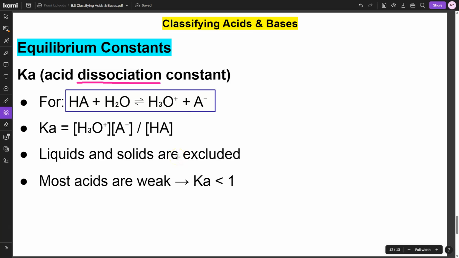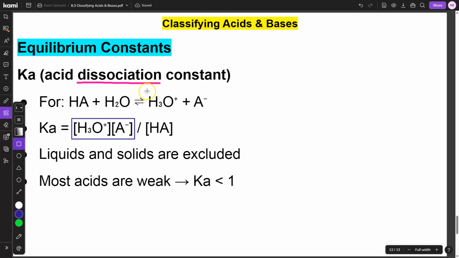You'll end up with H3O+ and A-, which is going to be our conjugate base. So we express Ka as the ratio of the pieces that dissociate. This is essentially the product side of our reaction over the reactant side, and we're just looking at HA. We're not looking at our water here.